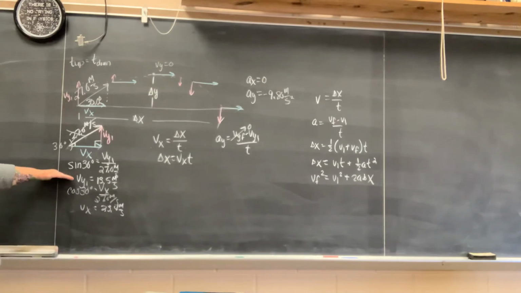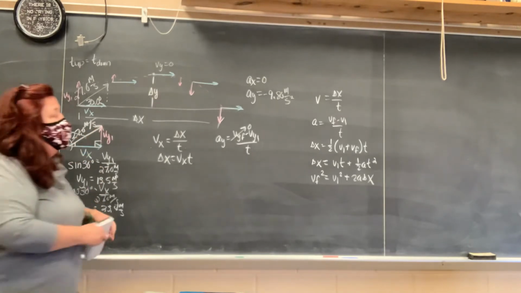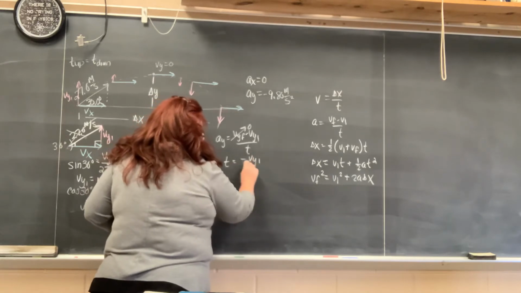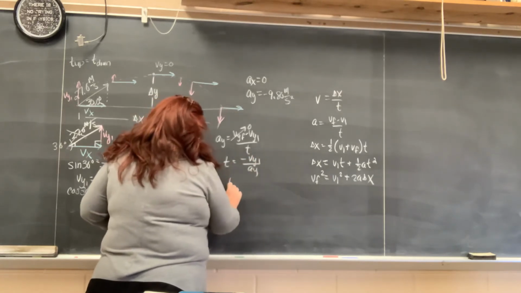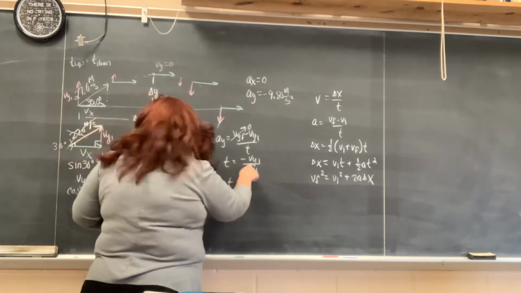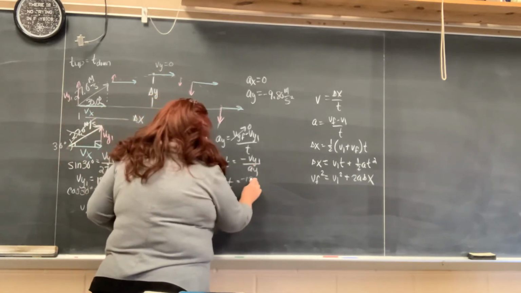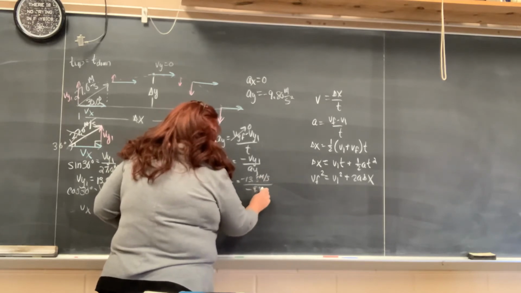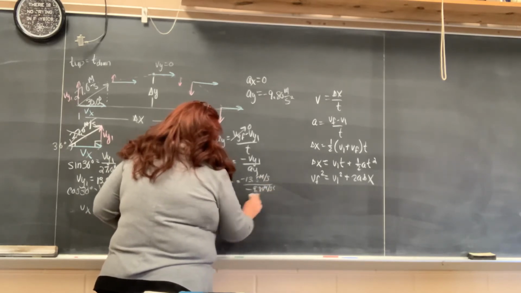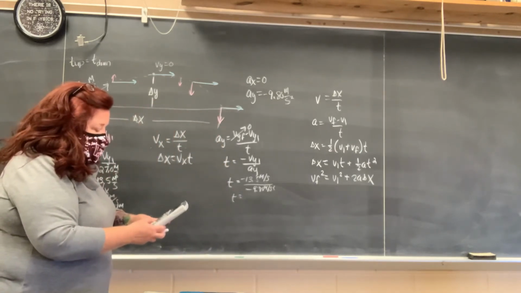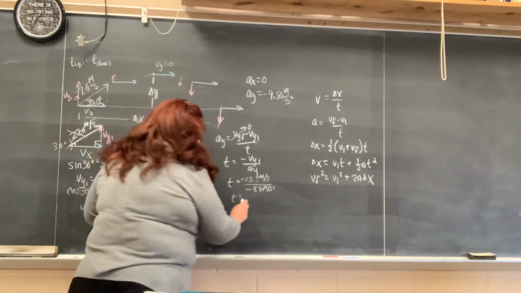The initial y velocity is over here, and now I can rearrange this and find the time. So negative Vyi is negative 13.5 divided by negative 9.8 meters per second squared. 13.5 divided by 9.8 is 1.38.